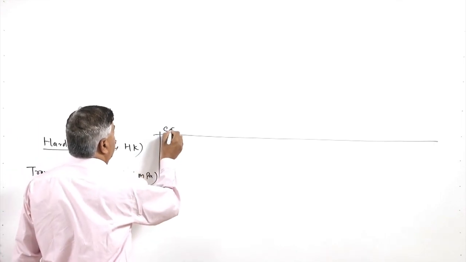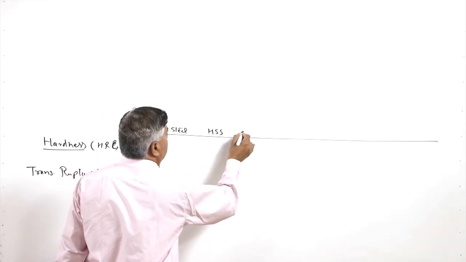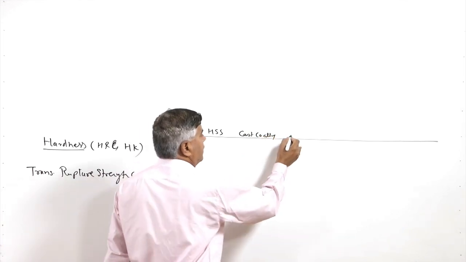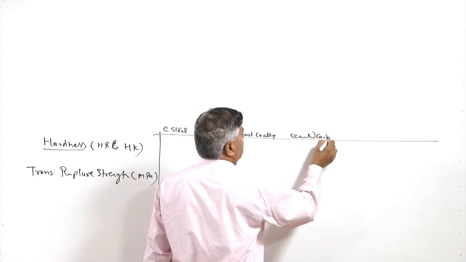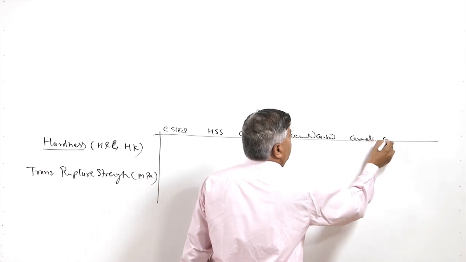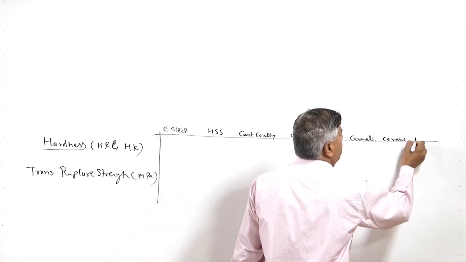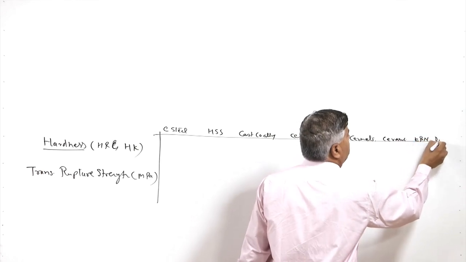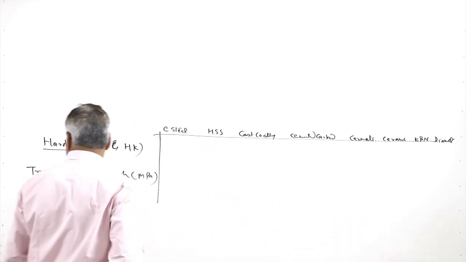One is carbon steel, another is high speed steel, then cast cobalt alloys, then cemented carbides, then cermets, ceramics, then CBN and diamond. So, these are the common materials which are used as tool materials.